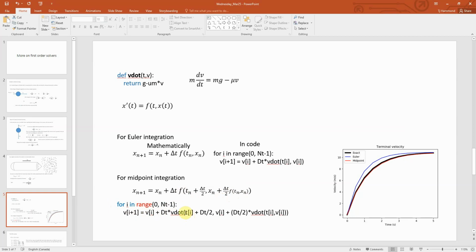The arguments of our v dot are the current time plus 1/2 of the time step, and the velocity is this current velocity plus 1/2 of our time step times v dot at our current time step. We already know this entire array, so we can just stuff that in together, and that gives us our next velocity at that time.